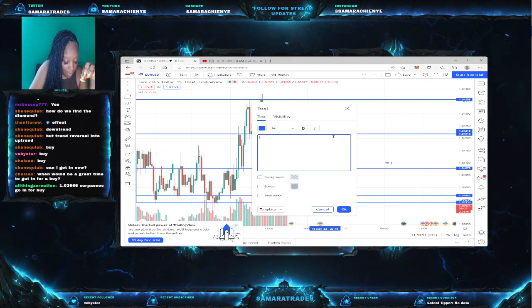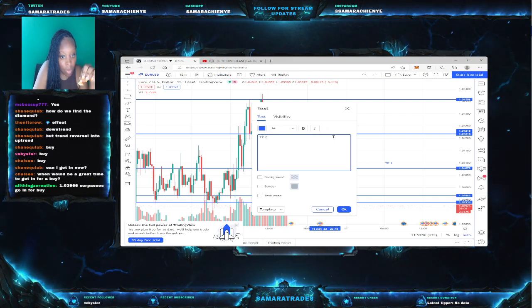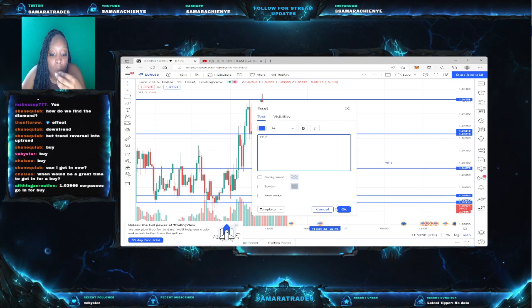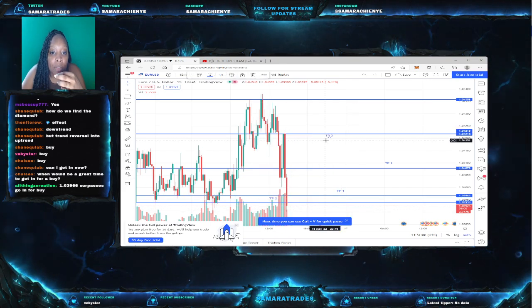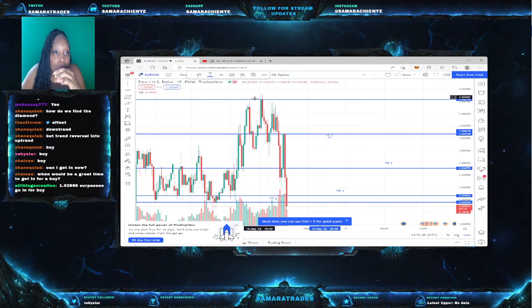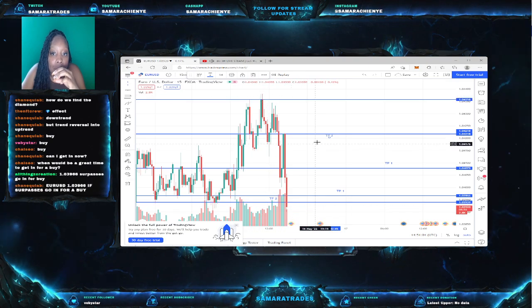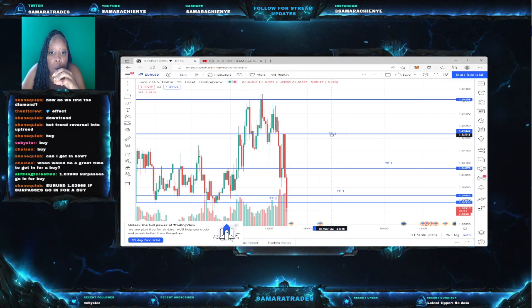It's your TP2. The reason why I'm confident is that these wicks told me that it's going to go back up here. That's why I know I want to get in for a buy.